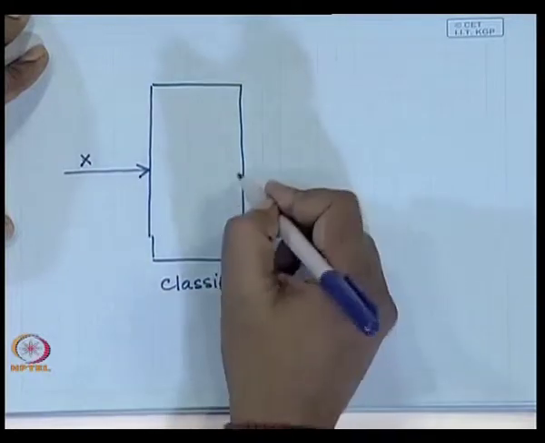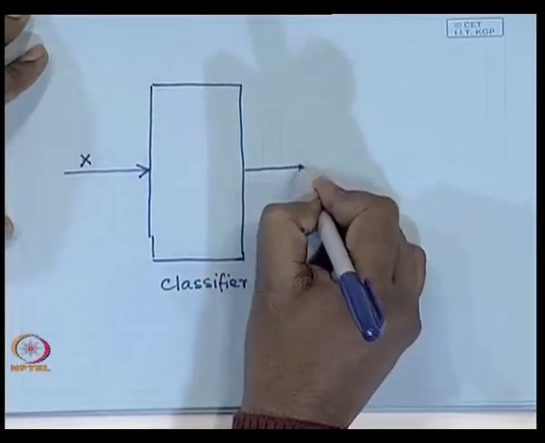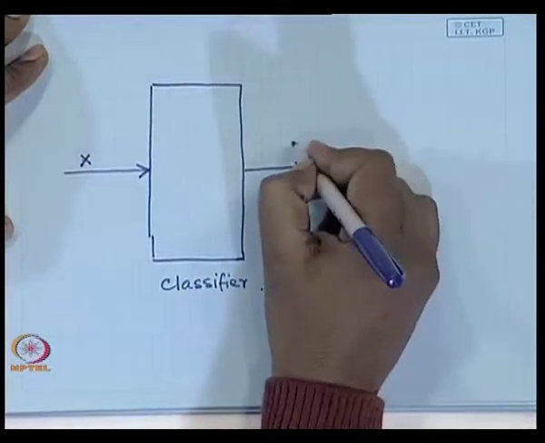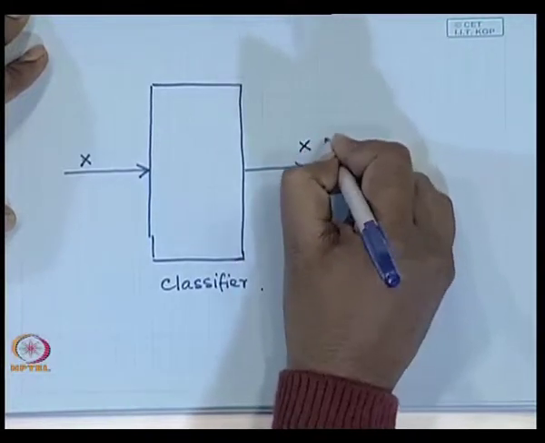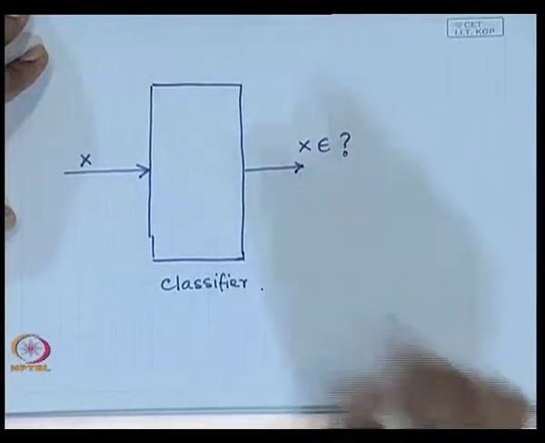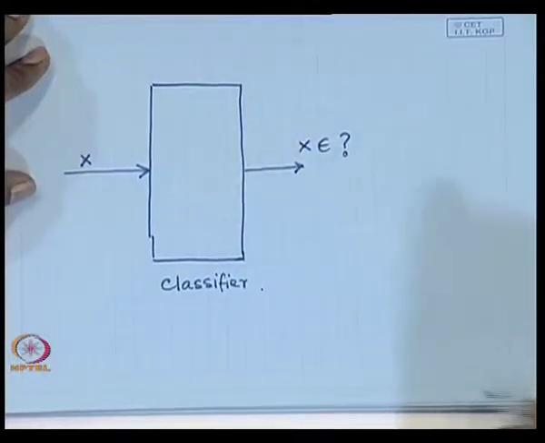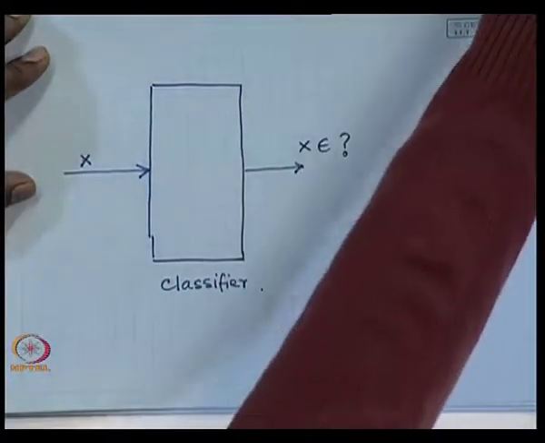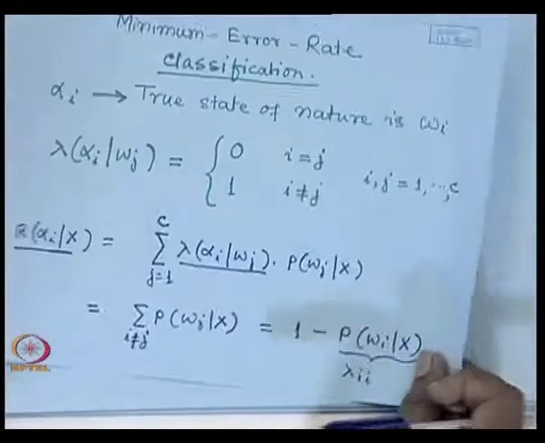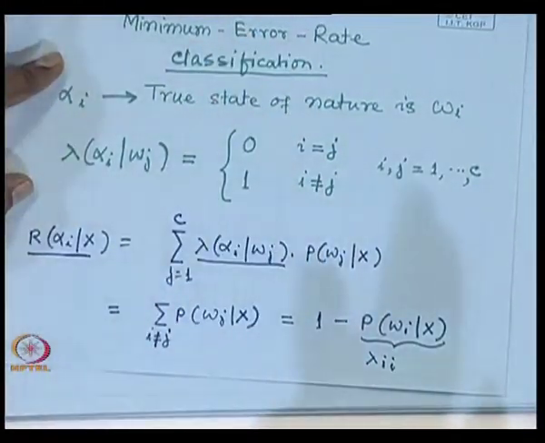Then the classifier has to give me a decision that what is the class belongingness of this object having this feature vector x. Now, inside this black box, all these different types of calculations are to be made.